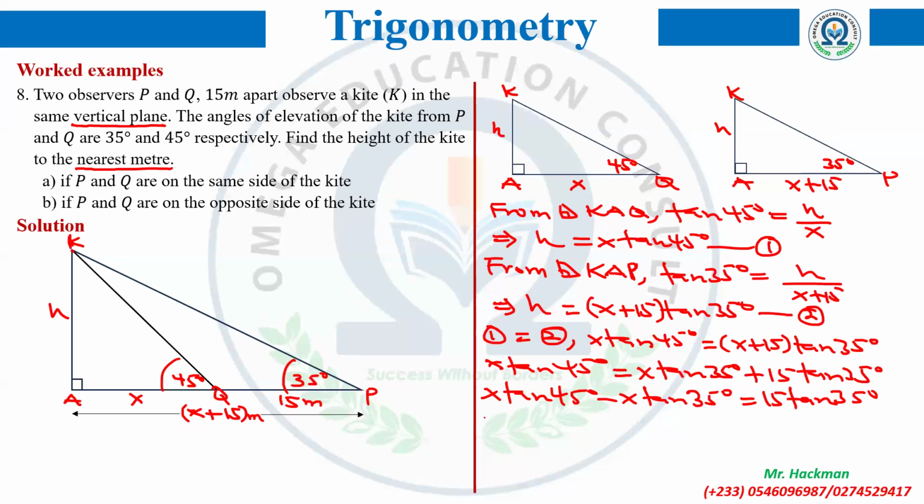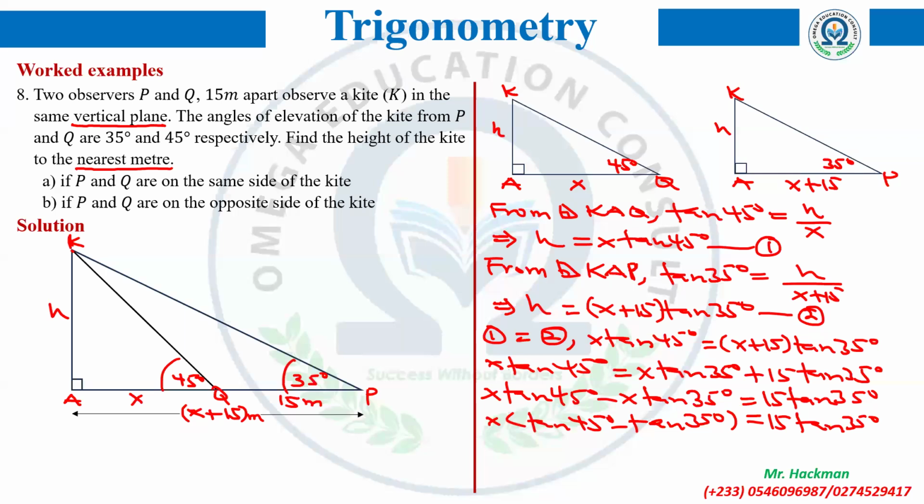Then at this point, you factor out your x. So it will be x tan 45 degrees minus tan 35 degrees, and that will be equal to 15 tan 35 degrees.